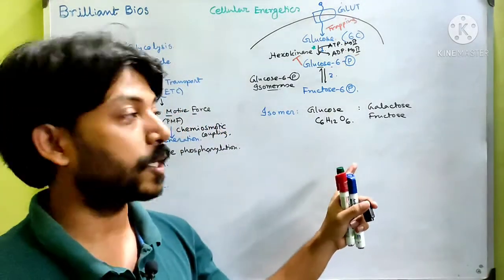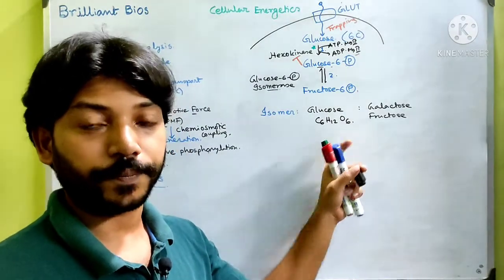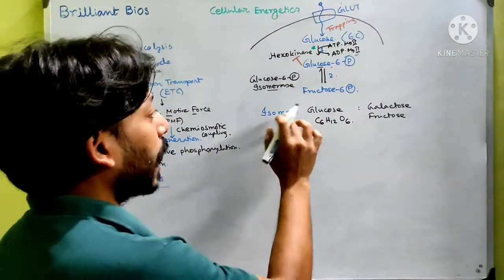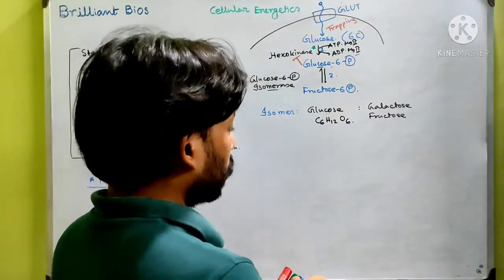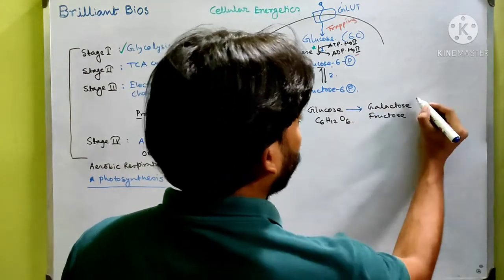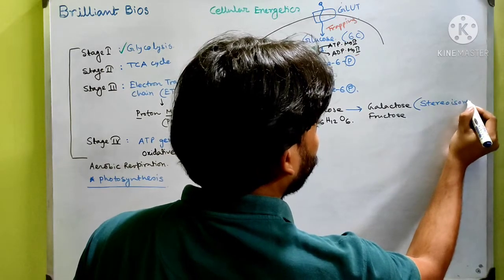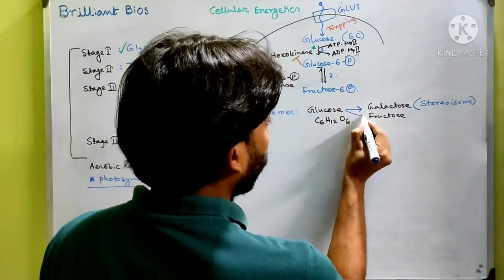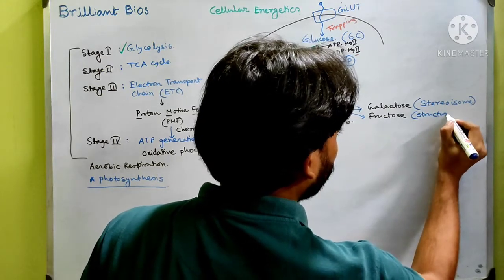All three molecules contain 6 carbon, 12 hydrogen and 6 oxygen. Now they are called isomers. I will tell you that glucose and galactose are actually stereoisomers, but glucose and fructose are actually structural isomers.